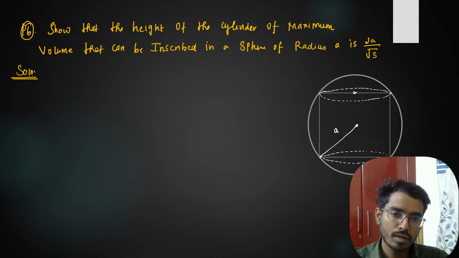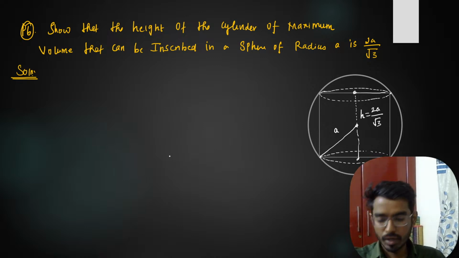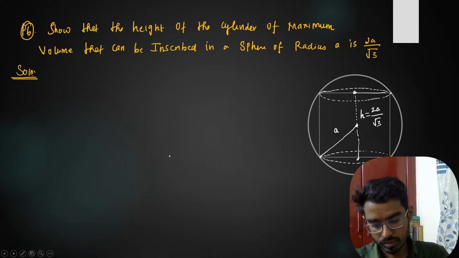This is our radius of the cylinder, and this is the height of the cylinder. What we need to prove is that this will be of maximum volume when the height is 2a by root 3.